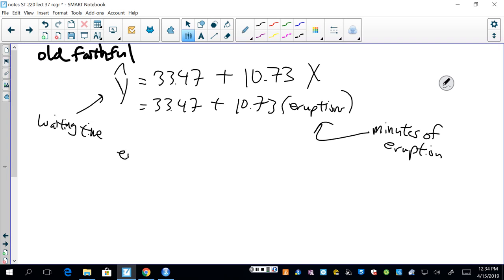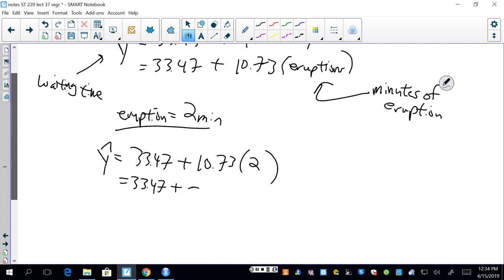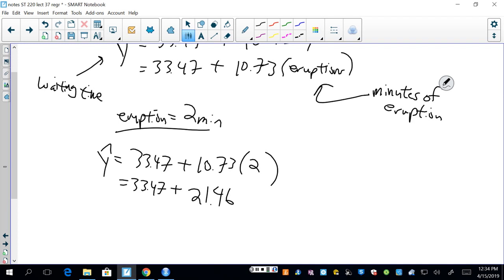So if eruption is 2 minutes, then we're going to get a predicted waiting time of 33.47 plus 10.73 times 2, so 33.47 plus 21.46, and so 54.93, so about almost 55 minutes would be your prediction for the waiting time.